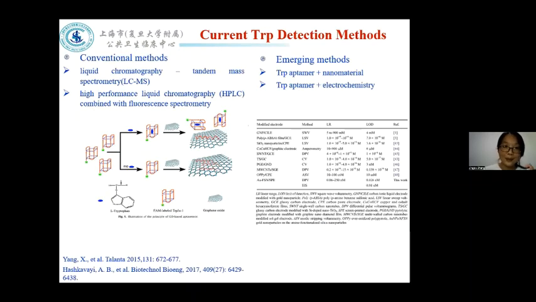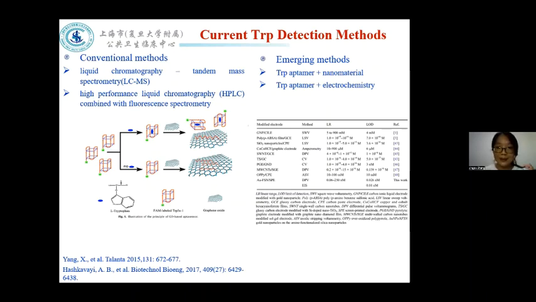However, the current tryptophan detection methods mostly depend on LC-MS or HPLC. Most of these methods rely on, as you know, large instruments and are time-consuming.